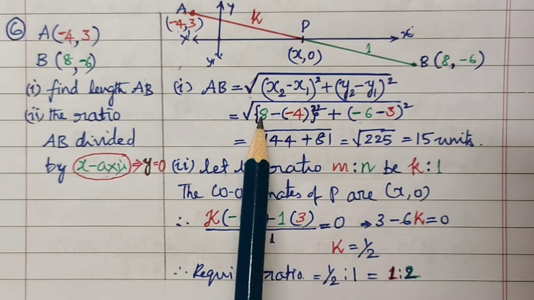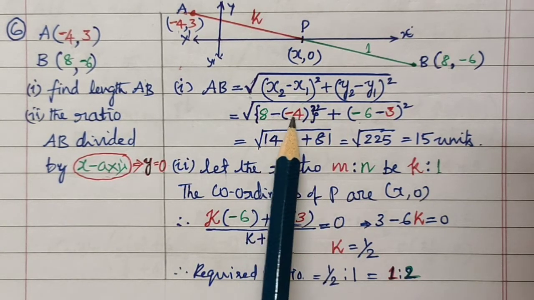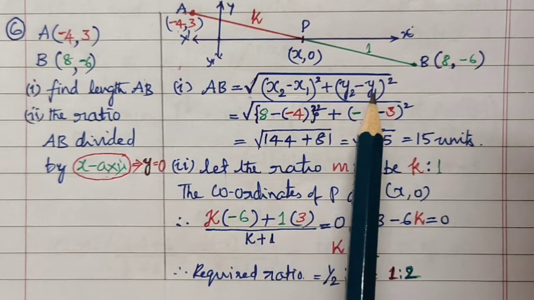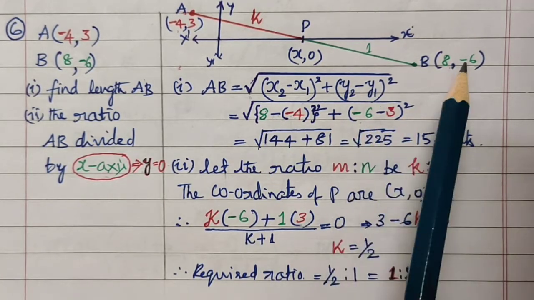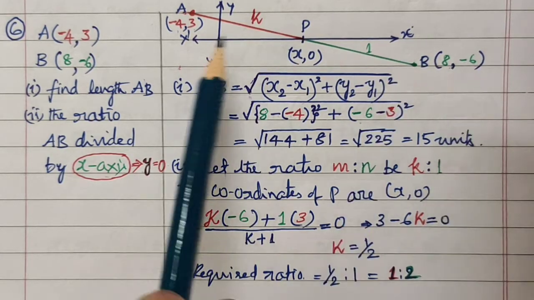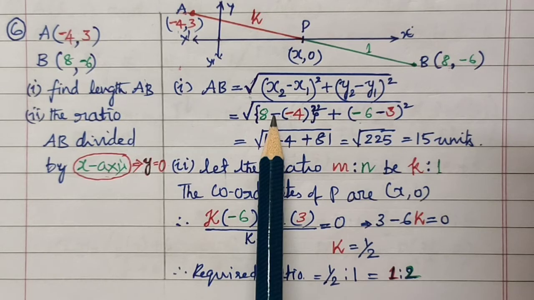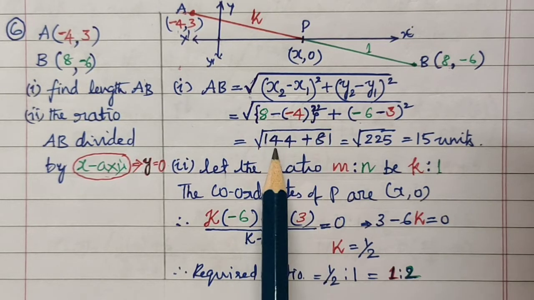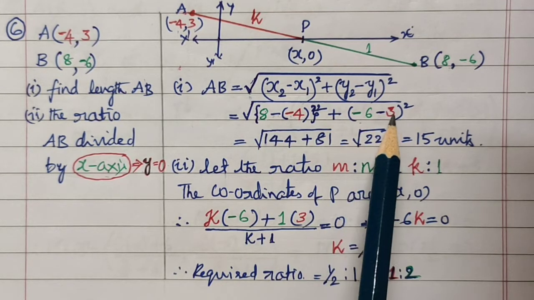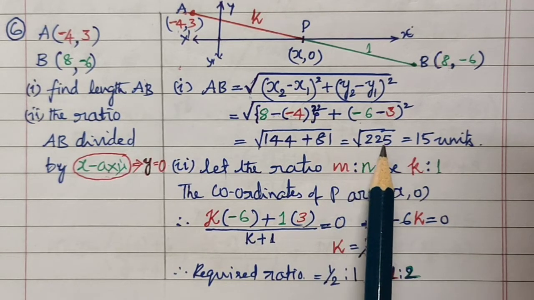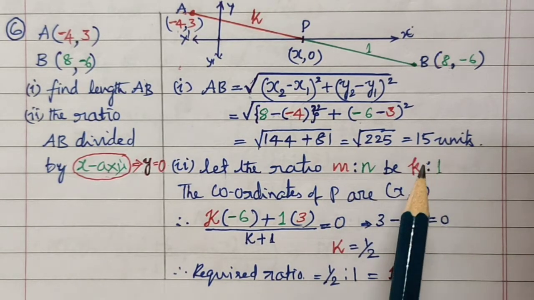That is not right. 8 minus of minus 4, this minus into minus will become plus. Here y2 minus 3, minus 6 minus 3 whole square. 8 minus into minus plus 12 whole square, that is 144. This is minus 9, minus 9 into minus 9 will be 81. That is the square root of 225, which is equal to 15 units.